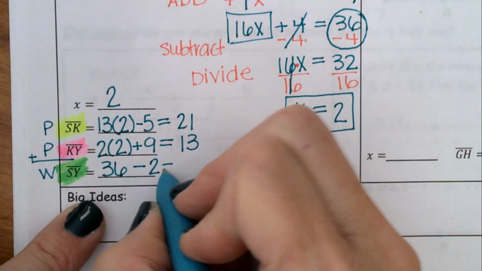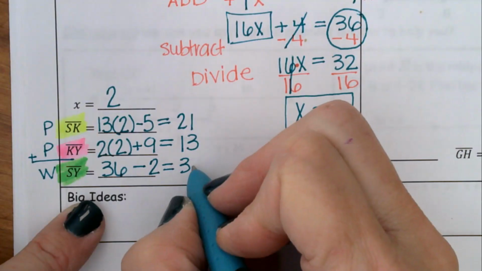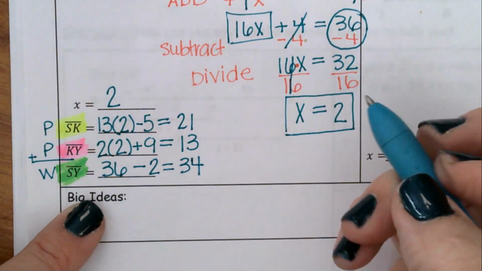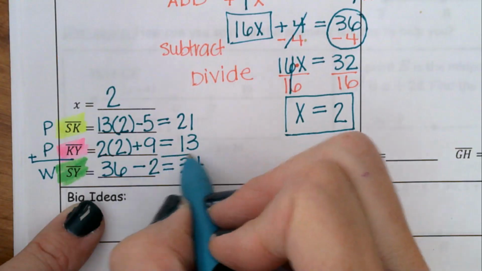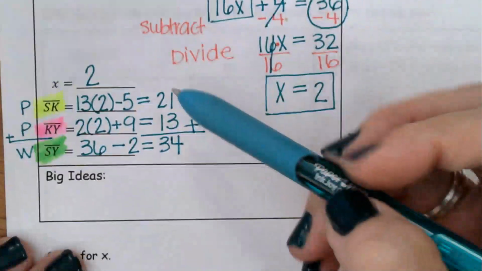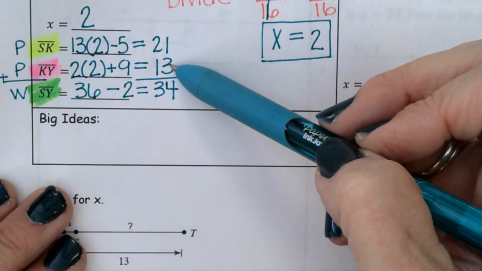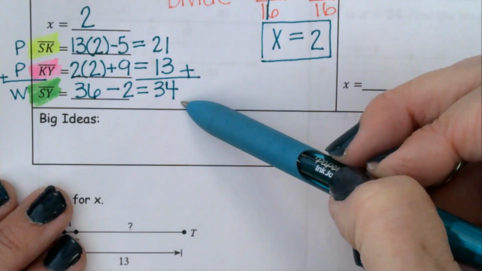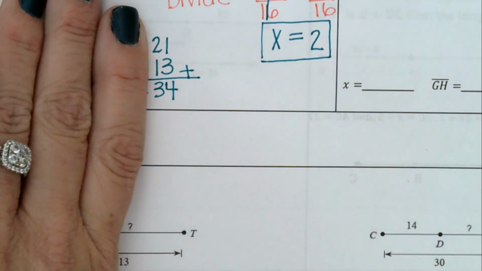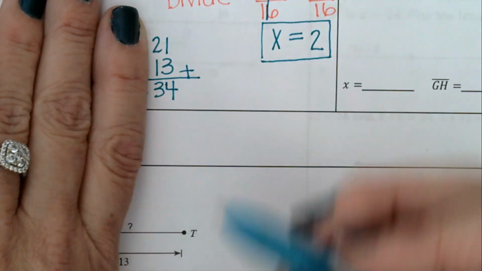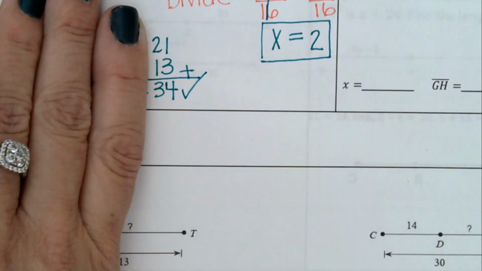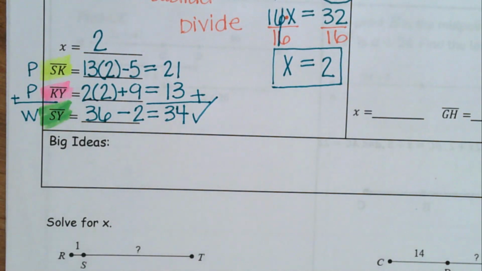What do you get? 34. Okay. Double check my work. Does 21 plus 13 add to 34? Look, this is now old school math right there. Okay? Yeah? All right, I went through that pretty slow. Do you mind if I move a little faster?